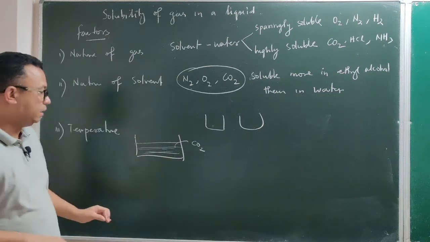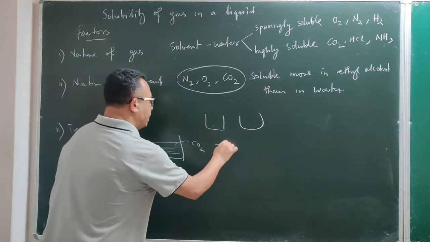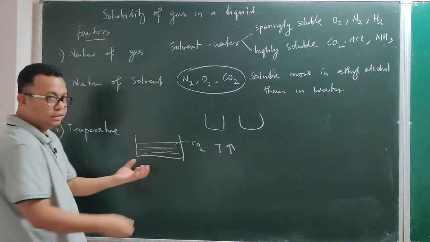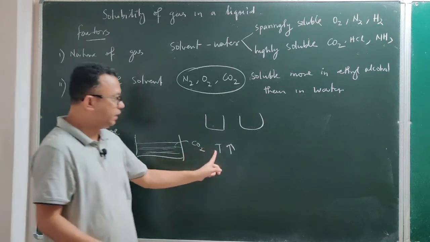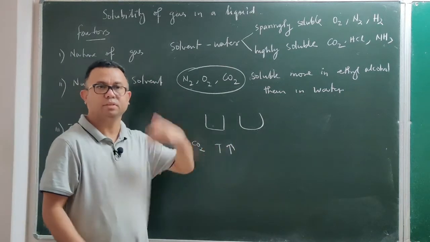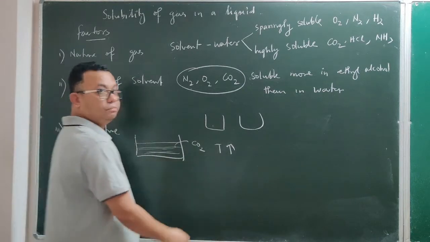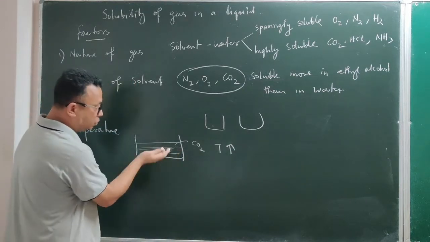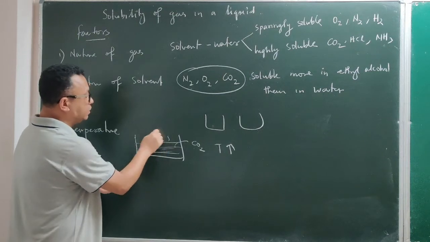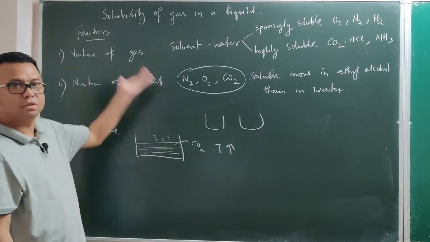It has been noticed that with a rise in temperature of the solution, I have made an arrow up meaning temperature increase, as you keep on heating this, the gases start escaping, they start going out.